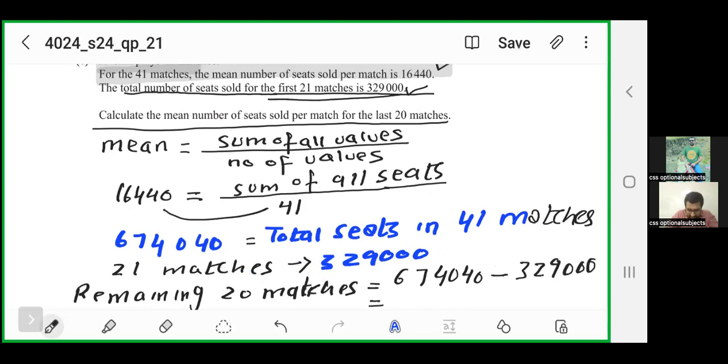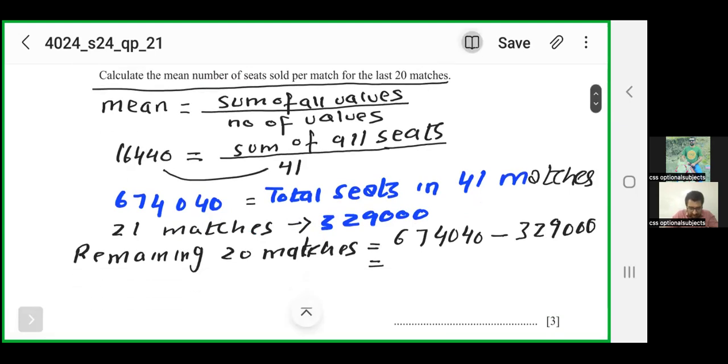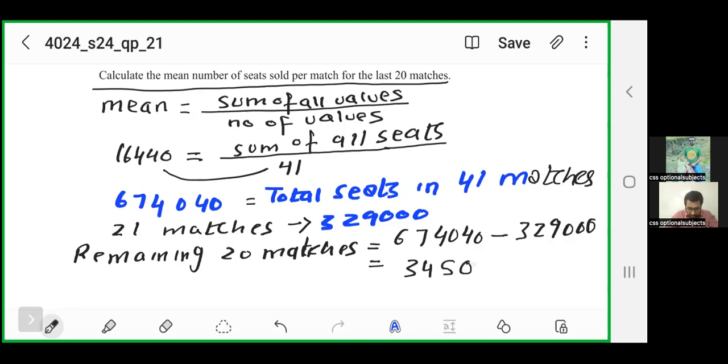That is 674,040 minus 329,000. So you have 345,040. These are the number of seats that were sold in the last 20 games.